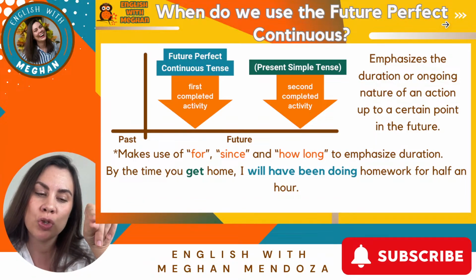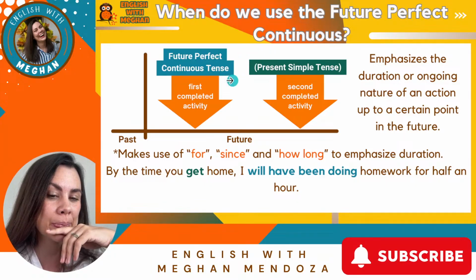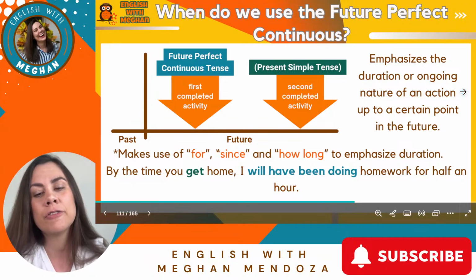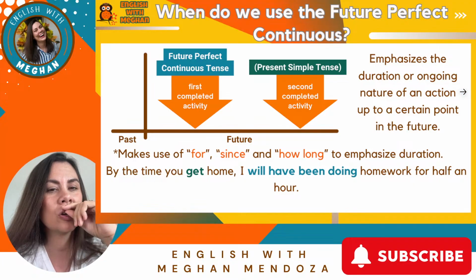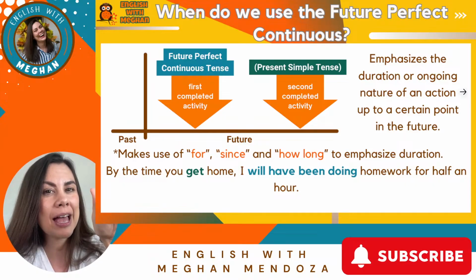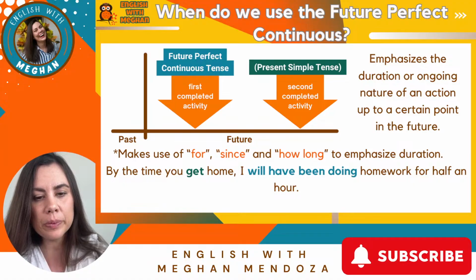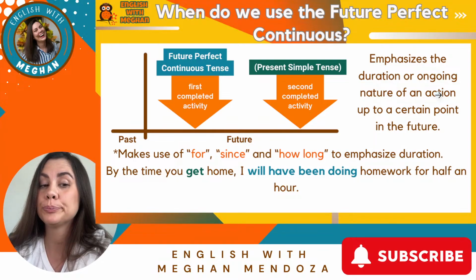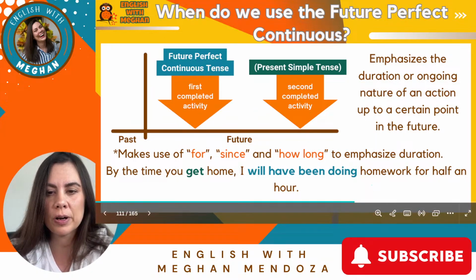So, an example here. By the time you get home, notice get is in the present simple, I will have been doing homework for half an hour. That's 30 minutes. So what will be happening first here? If you're looking at this, it's kind of obvious: the doing homework part.